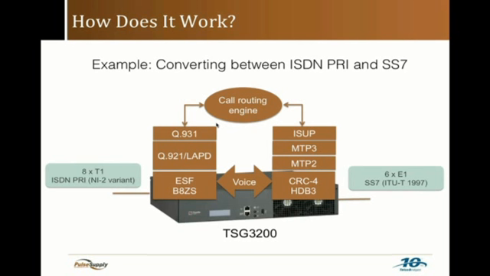And then on top of that, carried by this physical layer, we see the different layers that are required in order to support the ISDN PRI signaling. That is the LAPD layer, which provides the transport for the ISDN call control messages, which are defined by another standard called Q931. So the signaling converter implements these protocols, Q921 and Q931, to understand the ISDN signaling.